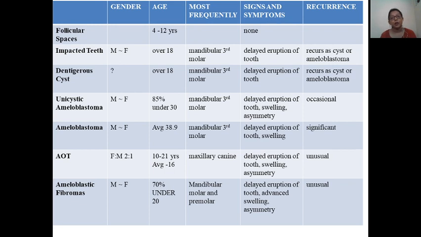Here we see delayed eruption of the tooth and swelling, with possible asymmetry because of cortical expansion, and recurrence is very rare, occasional.